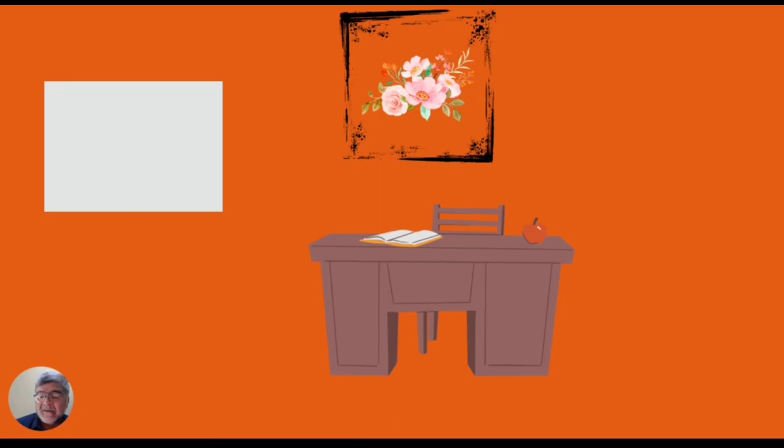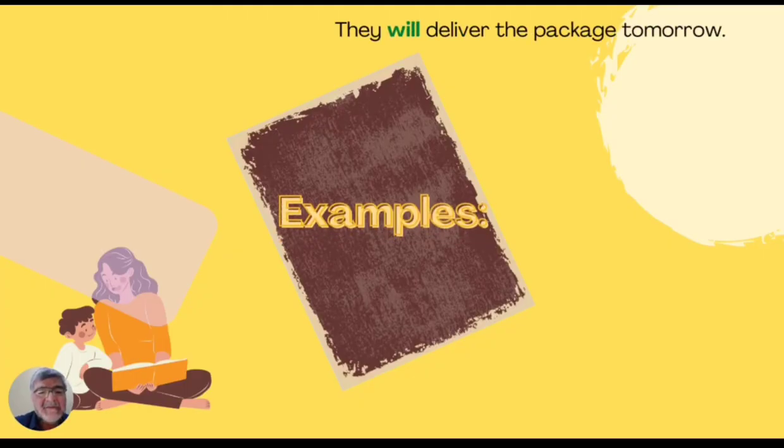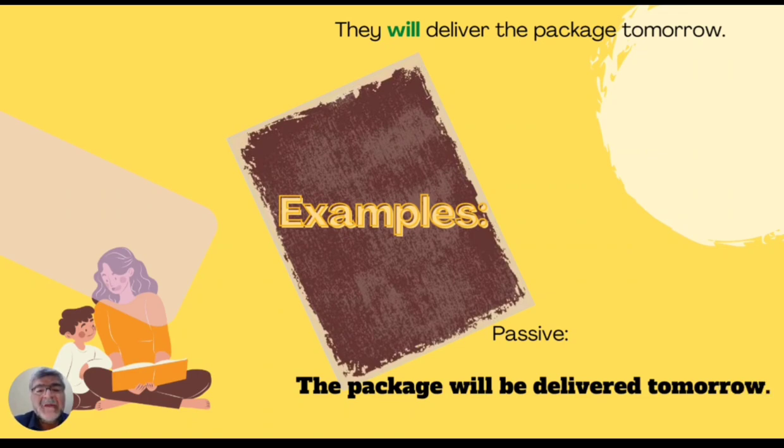Now the example is for the passive, they will deliver the package tomorrow. They will deliver. This is the active form of the sentence, but if you want to change it into passive, then we say the package will be delivered tomorrow.